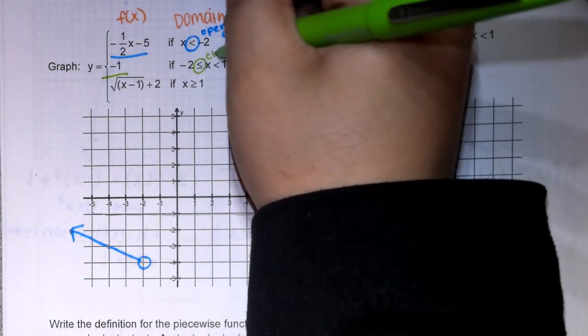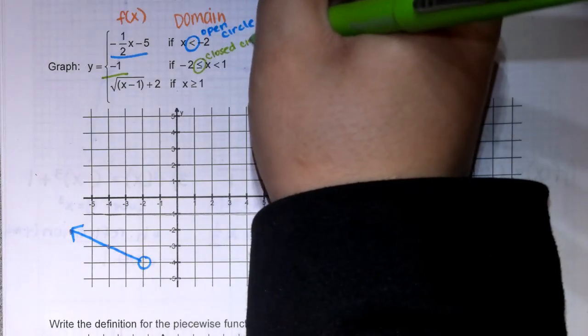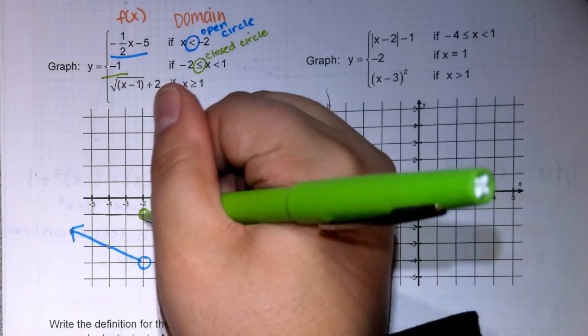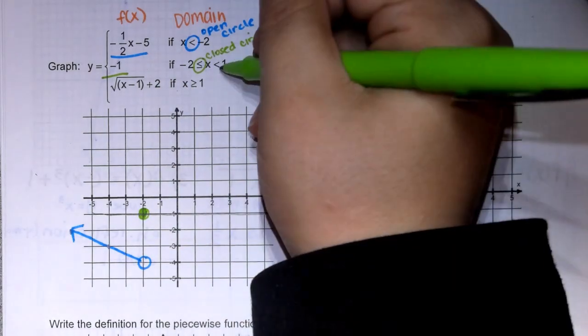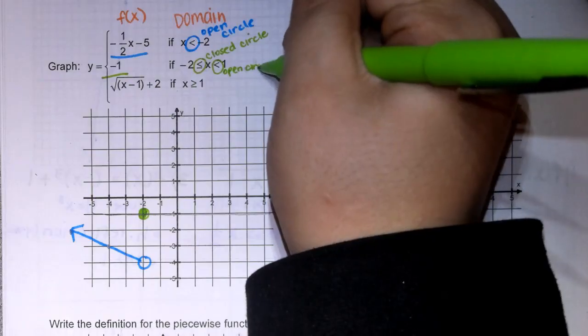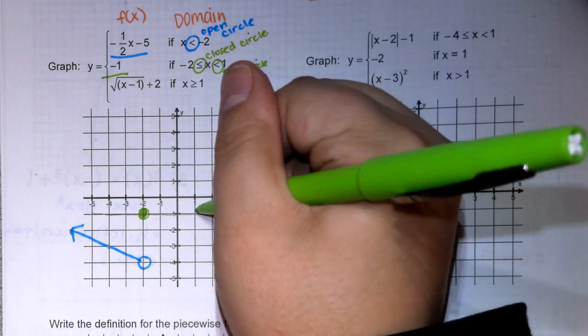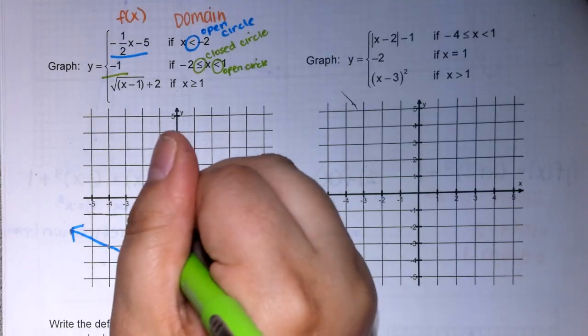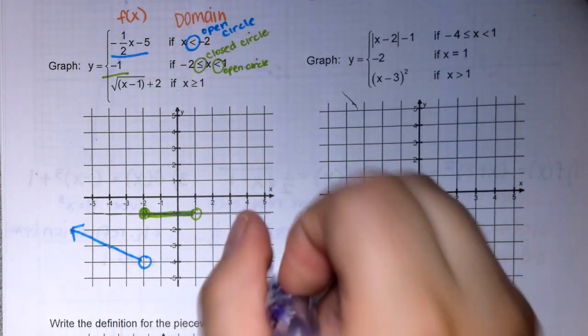A closed circle because it's equal to. So right there, I'm going to have a closed circle. And then at 1, what am I going to have? An open circle. And that means between negative 2 and 1. And I'm going to erase everything else.